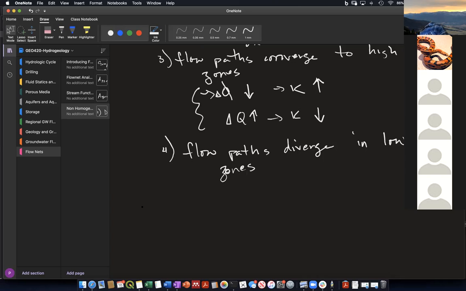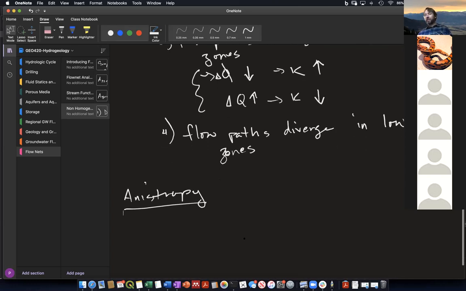Okay, I want to make sure of one last thing. Anisotropy is even more complicated, and we're not really going to deal with it a lot here, but basically in anisotropy, the hydraulic conductivity has these directional properties, and we no longer expect squares.